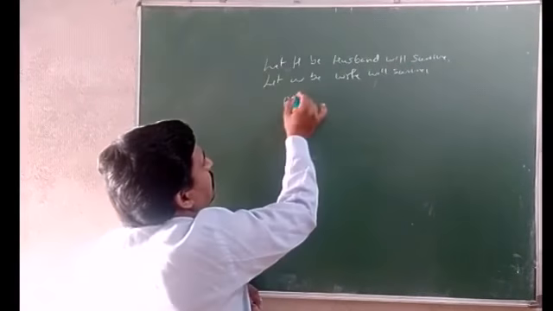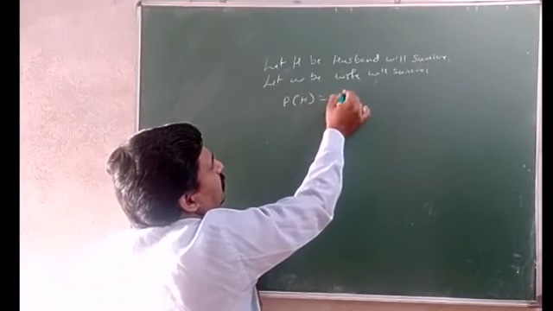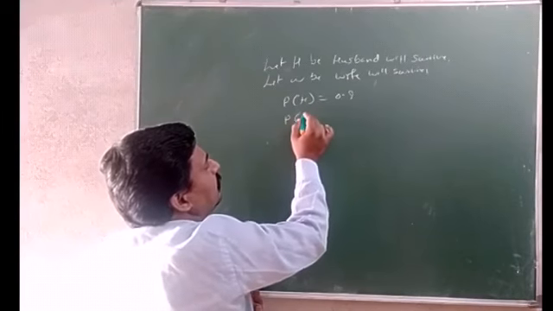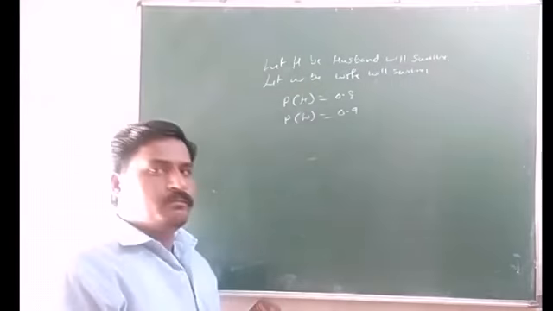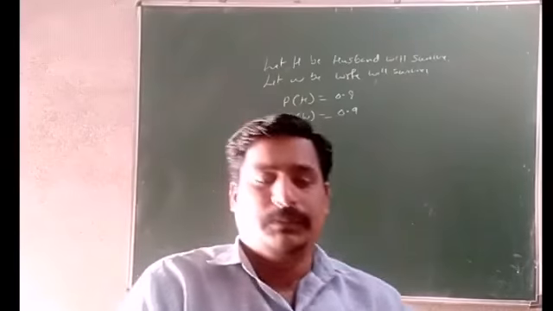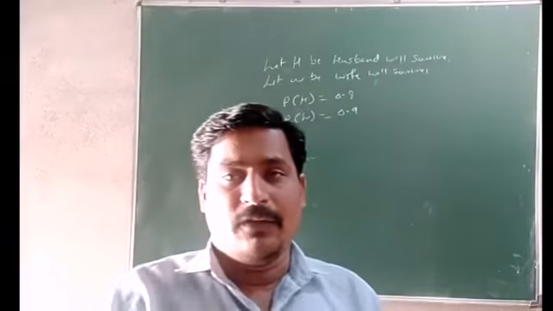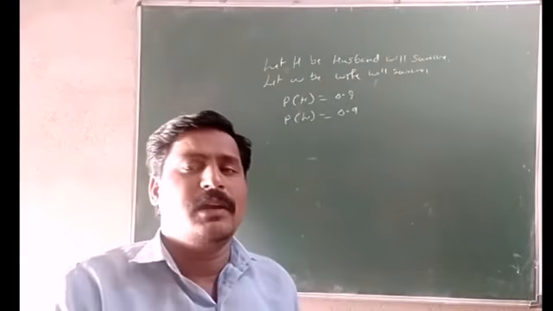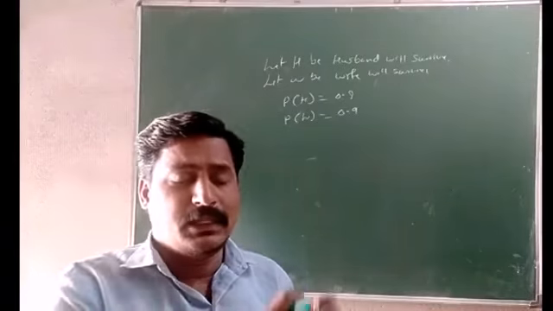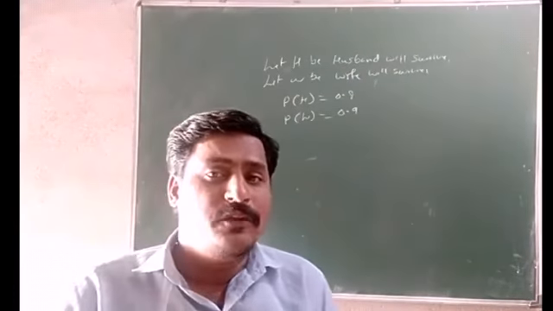So the probability that the husband will survive is 0.8 and the probability that the wife will survive is 0.9. Now the question is, both of them are alive after 20 years. So both of them alive means A will be alive and B will be alive. That means the husband will be alive and the wife will also be alive.